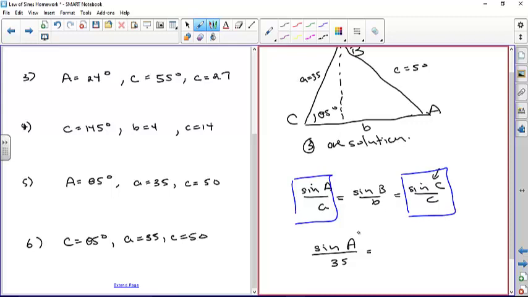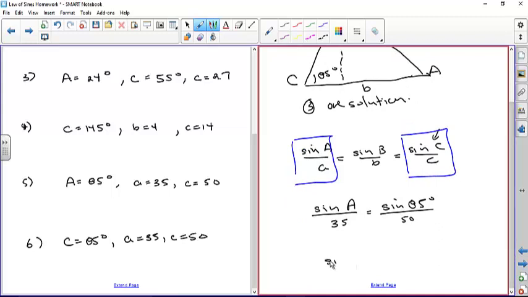So we get the sine of A over 35 equals the sine of C, which is 85 degrees, divided by 50. So if we algebraically solve for the sine of A, that's going to be equal to the sine of 85 degrees times 35 over 50.